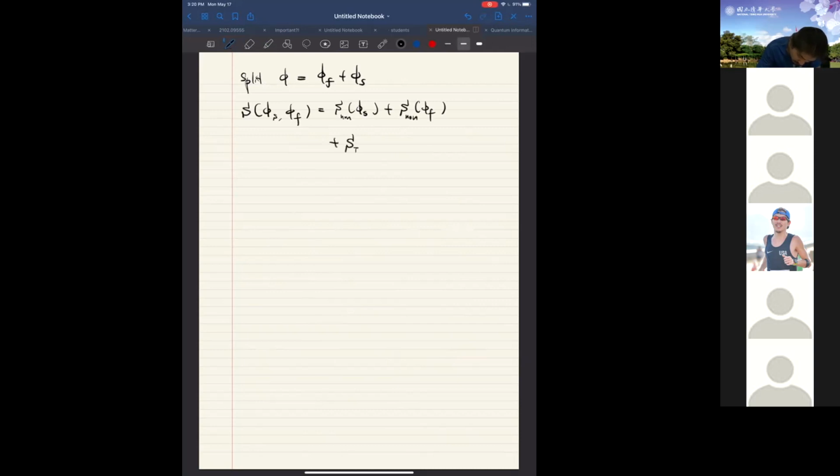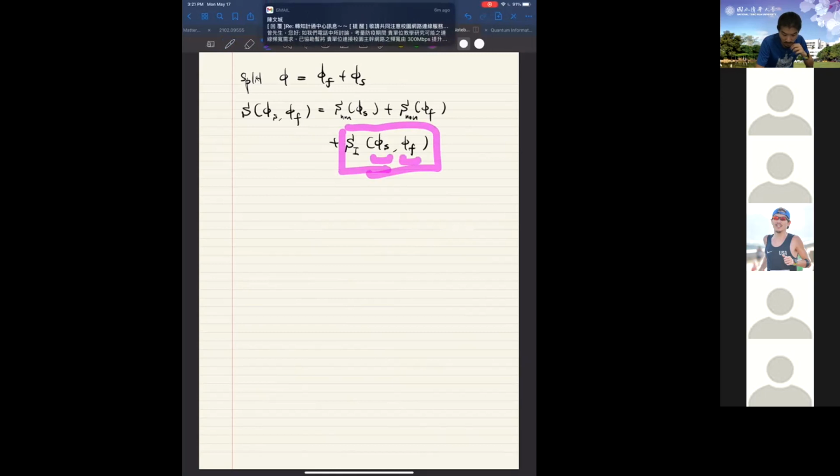And then the last part is the interacting part of your theory, where the fast and the slow modes interact. They scatter with each other. So the complication, or the interesting physics, can arise from this scattering between the slow and the fast modes.